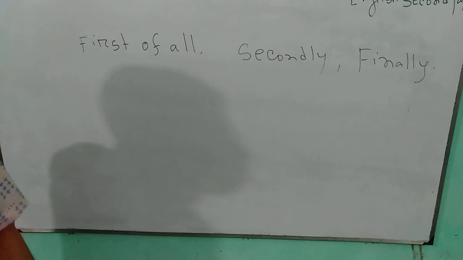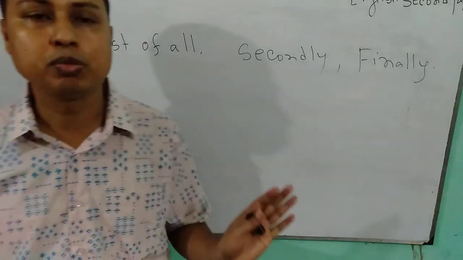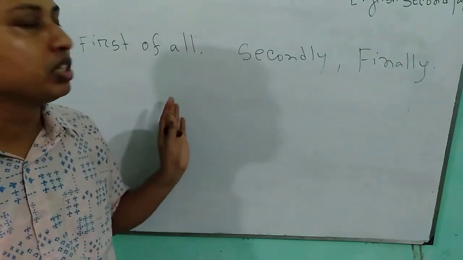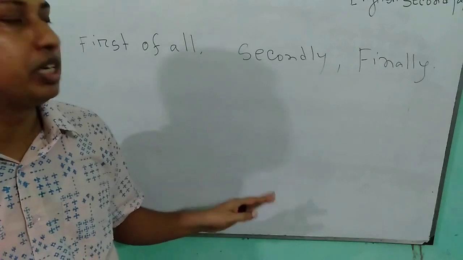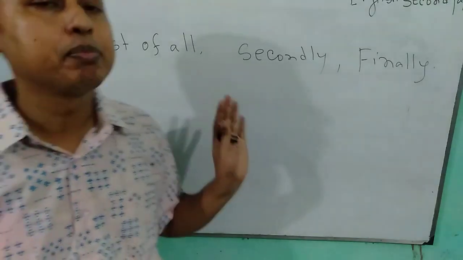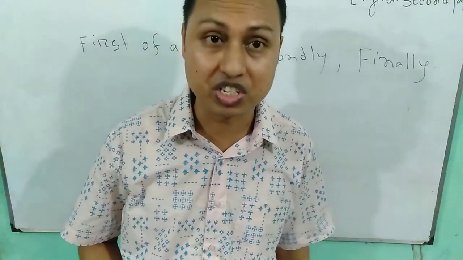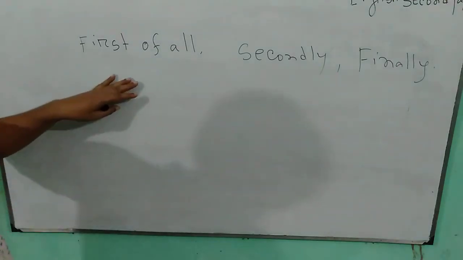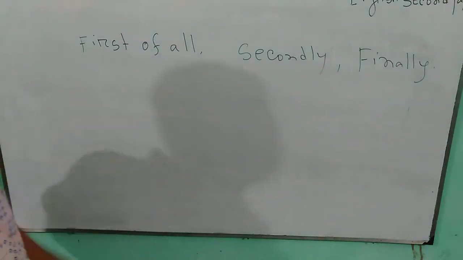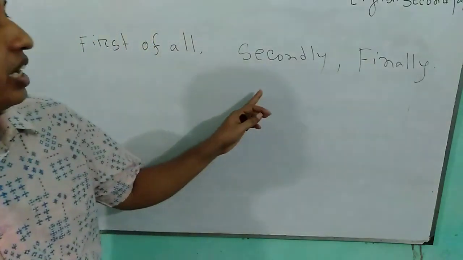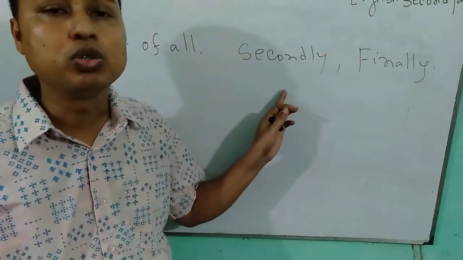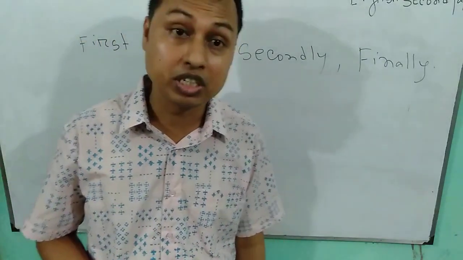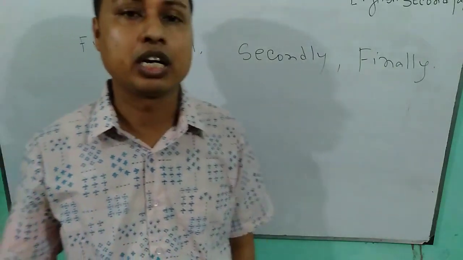Suppose you want to do something, but it is not possible on the part of you to do that specific activity within one attempt. You have to do it through a series of activities, through several processes. Then you have to use first of all in the beginning of the first activity. Then in the second sentence, you have to use secondly. Then in the last sentence, you have to use lastly, finally, or at last.